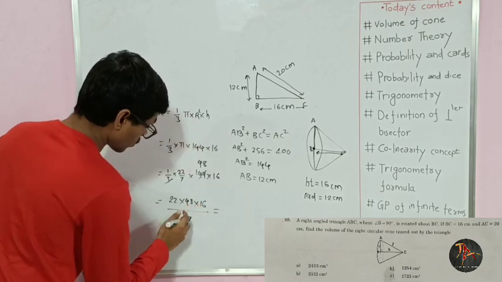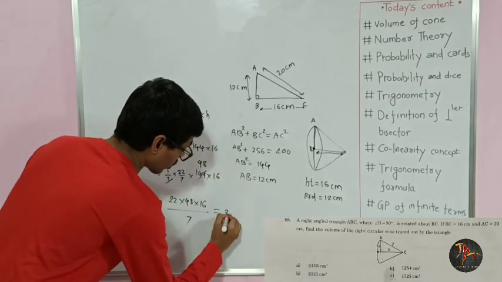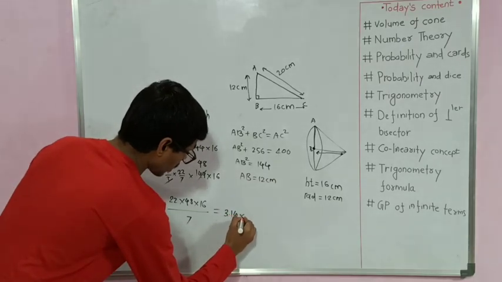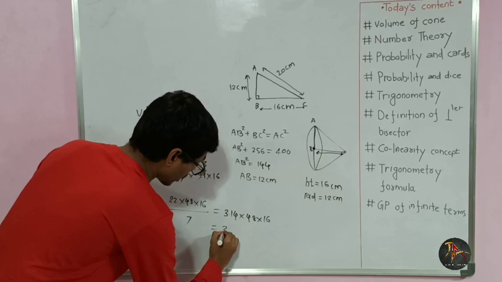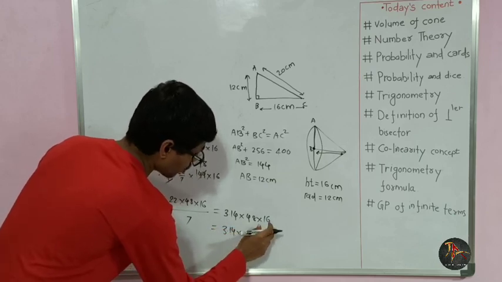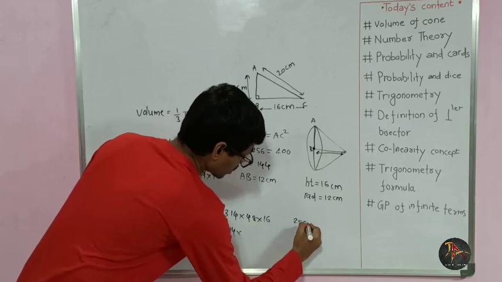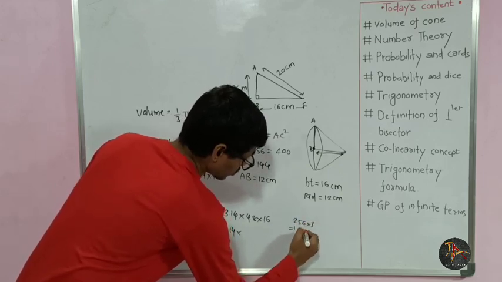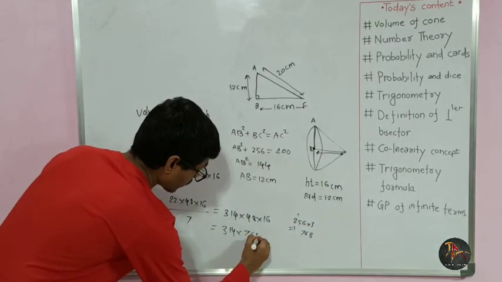Now we can take 22 by 7 as 3.14. So 3.14 into 48 into 16. Now if we calculate, 48 into 16 will come out to be 768.